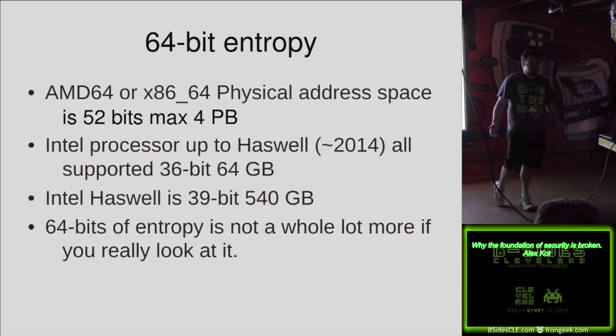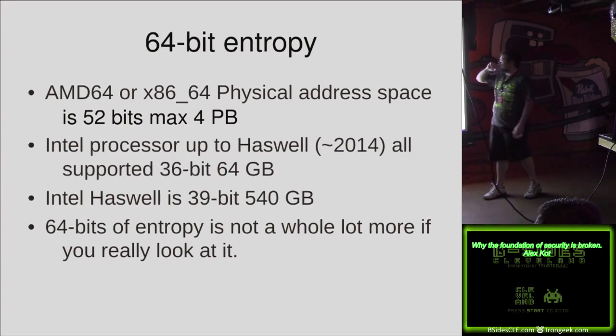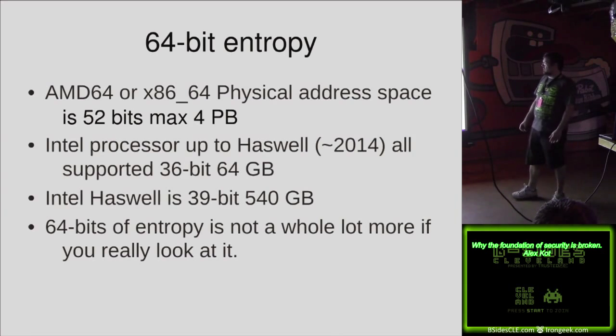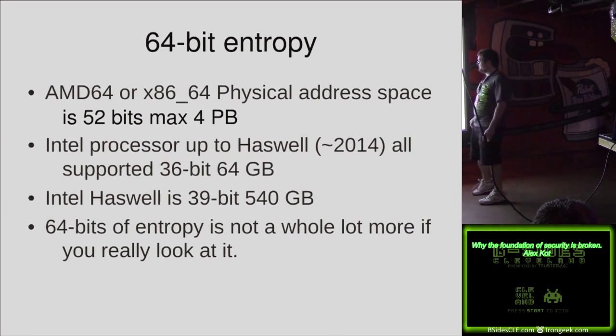But that's not true because AMD64, or x86-64, even though they're the ones that created it, their max spec is 52 bits of physical address space. You can never go beyond 52 bits in AMD64. So by default, you have 4 petabytes instead of 16 exabytes. The other thing is that most processors don't really ever support much more than that.